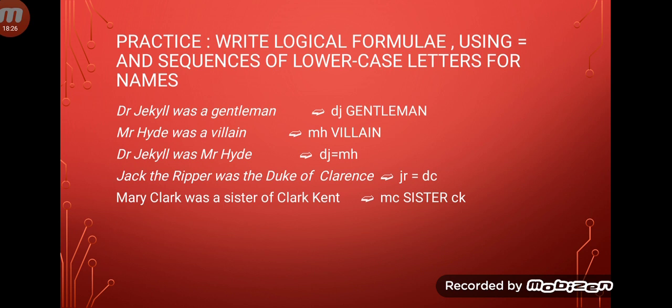Jack becomes j, Ripper r, and then Duke of Clarence becomes d c. Mary Clark was a sister of Clark Kent. Mary Clark becomes m c, and then sister becomes a predicator, so it is written using a capital letter, and then Clark Kent say k.